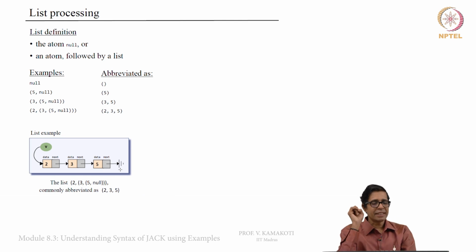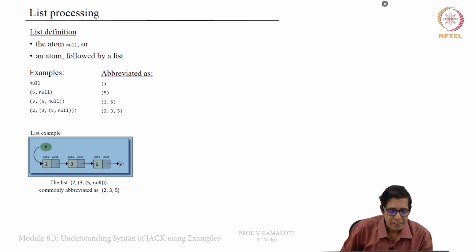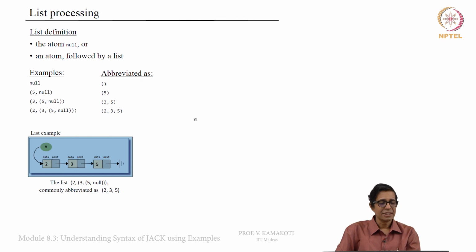So a list is a data structure which stores an element and points to a similar structure. So 3 comma 5 is a list, 5 is a list, null is a list. If you look at this figure, null is a list. Now 5 comma null is another list, 3 comma 5 comma null is another list, 2 comma 3 comma 5 comma null is another list, right.